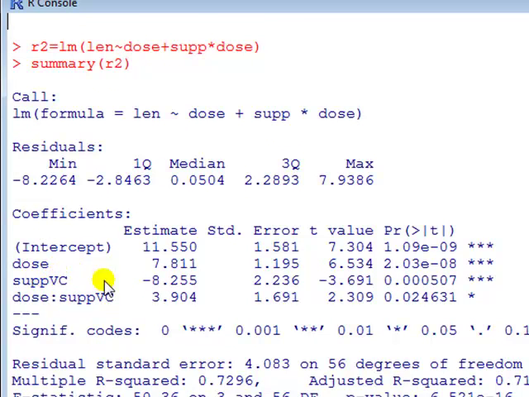That's dose. This is the intercept dummy, which has changed. Look at the figure, it's changed now. Is it significant? Yes. This is the slope dummy, 3.9. Is that significant? Yes. Now what does 3.9 tell me?